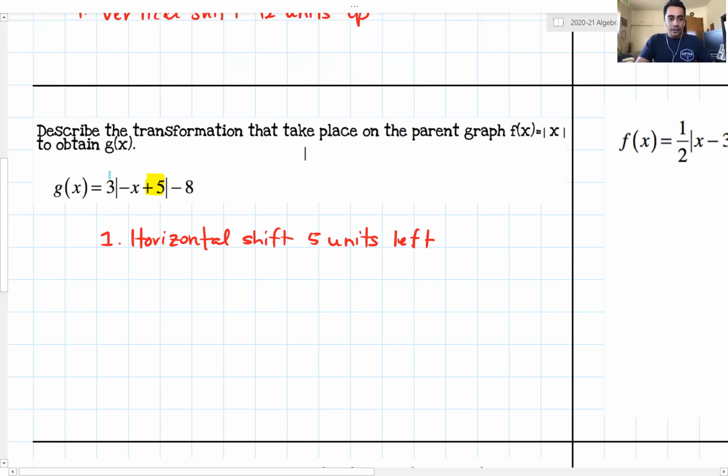What would be the next indicator for the type of transformation I need to make? The A value, correct. The A value in this case is a 3. So what does that tell us?